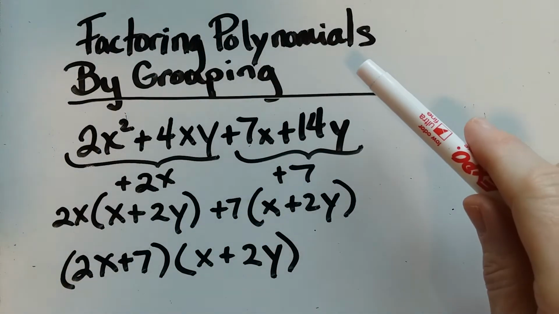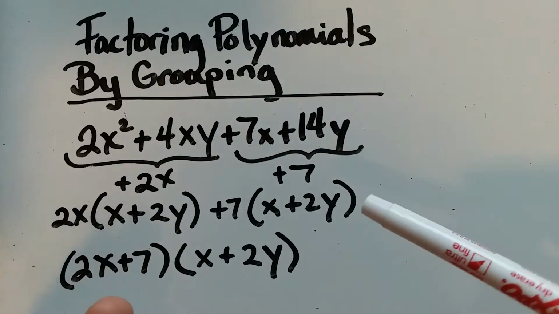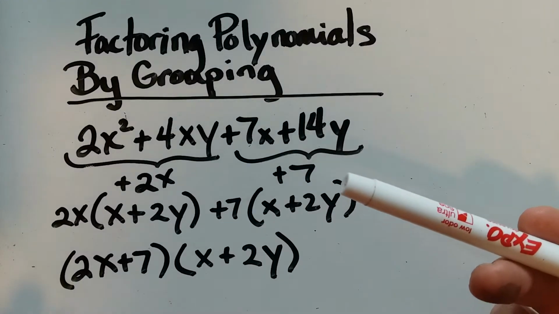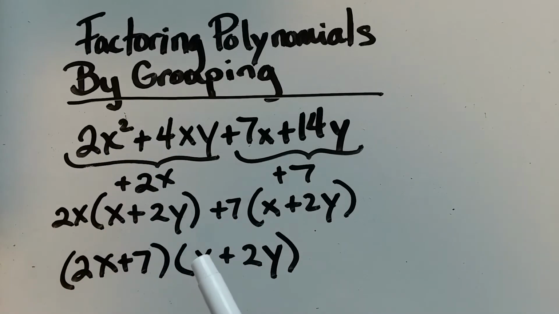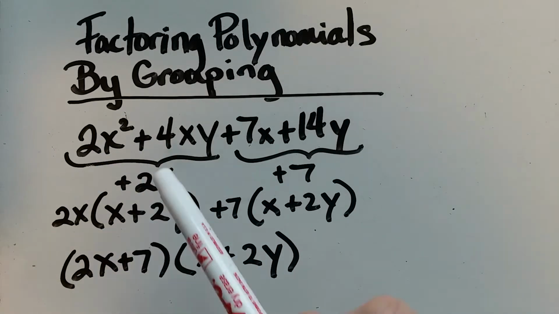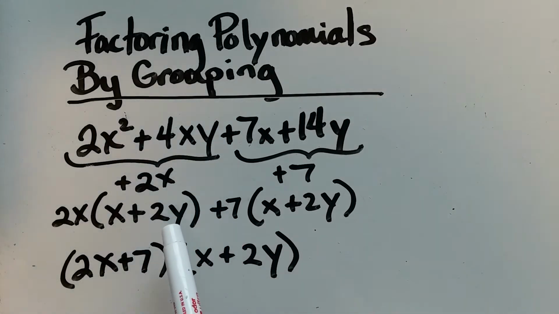So factoring by grouping means that we take a look at this complex polynomial and we say, well, I do know some things. I know that I can factor out a 2 out of 2 and 4. And I know that I can factor out an x out of x squared and xy.